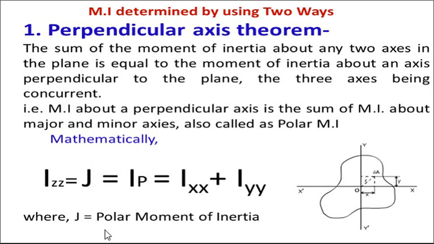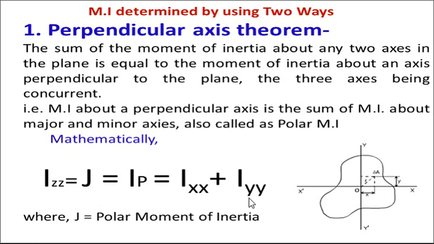Normally in the torsion chapter, J or IP comes into account. P stands for polar, I stands for moment of inertia, so IP is the polar MI. Polar MI is equal to Ixx plus Iyy. J is equal to Ixx plus Iyy. Iz is equal to Ixx plus Iyy.